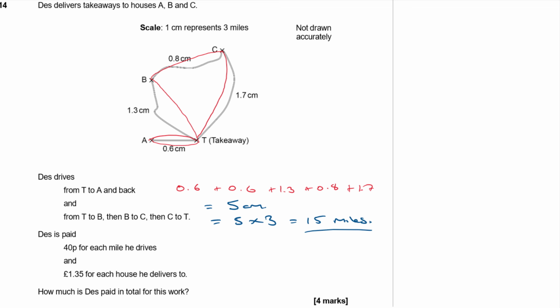We know that Des is paid 40p for each mile he drives and £1.35 for each house he delivers to. Okay, so it looks like he's delivered to 3 houses, because he went to A and came back again, then he went to B, then on to C, and then returned back home to the takeaway. Oh yeah, it tells you up here that he did 3.